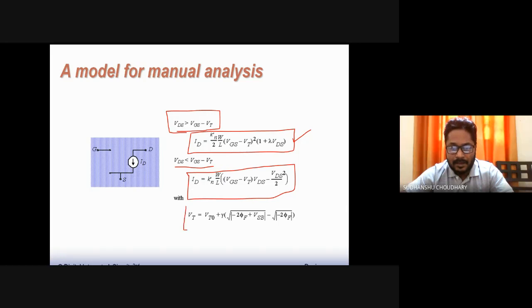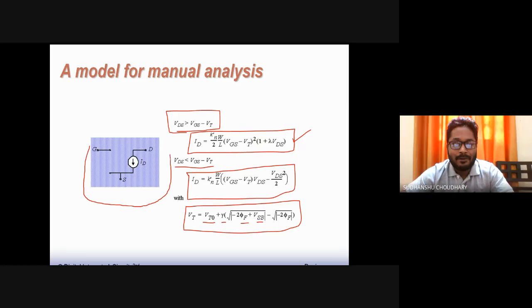VT is again given by the same previous equation that we had studied, with the zero bias threshold voltage, which is process dependent, the body effect coefficient, the source to bulk bias, that is body bias, and the Fermi potential, which is given by the difference between the intrinsic level and the Fermi level. So this model can be utilized for manual analysis of MOSFET circuits.